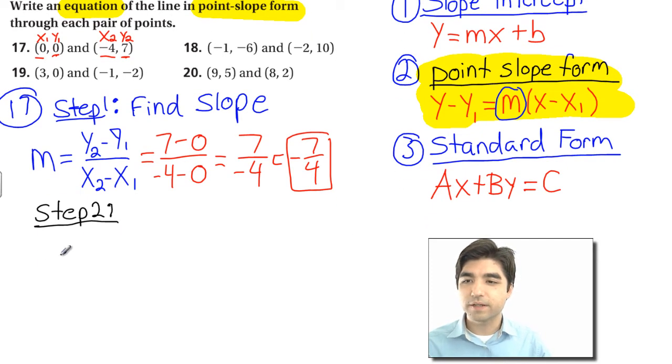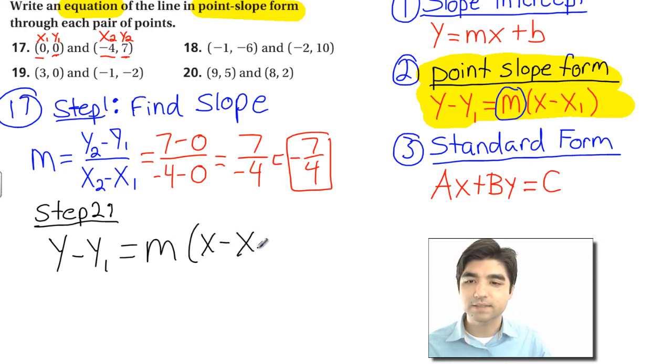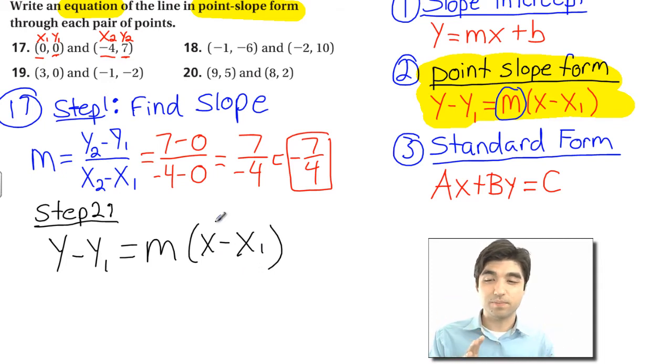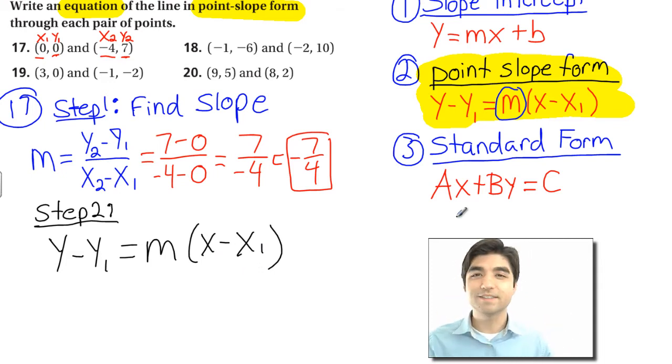And what you do here, you write the point-slope form, which is y minus y1 equals m times x minus x1. Okay, so you're going to take your slope and put it into the equation.